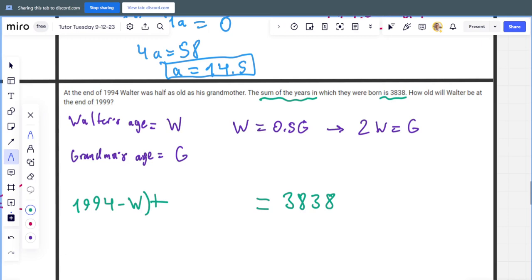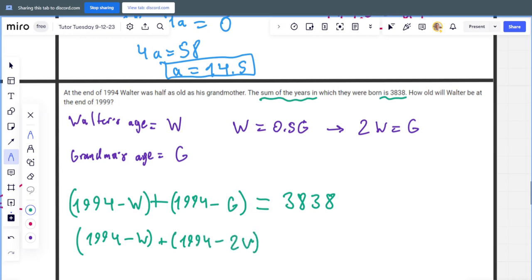And then the year in which his grandma was born is the current year, 1994, minus her age. Of course, we have this relationship 2W is equal to G, so we could do 1994 minus W plus 1994 minus 2W. We just substituted that definition in.